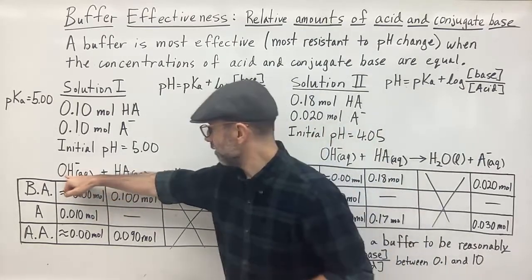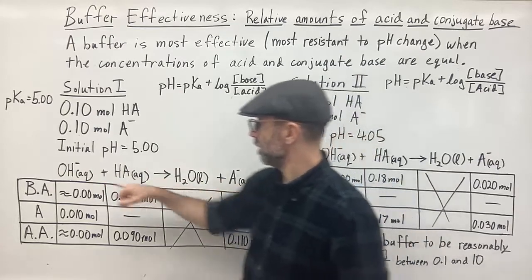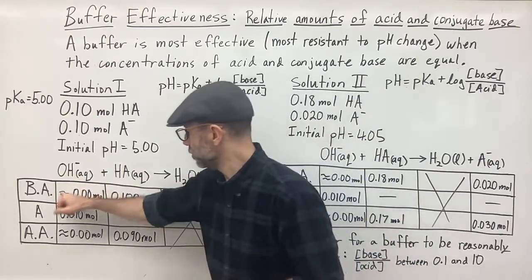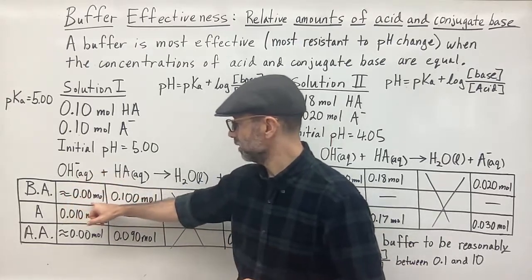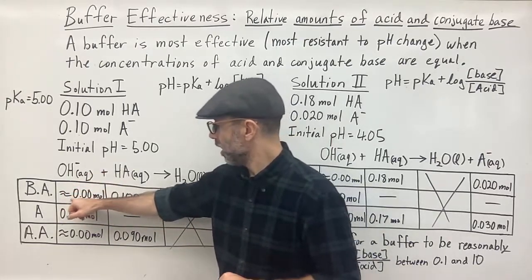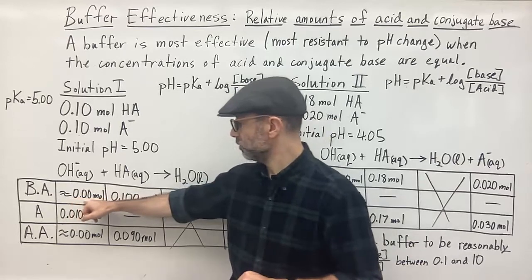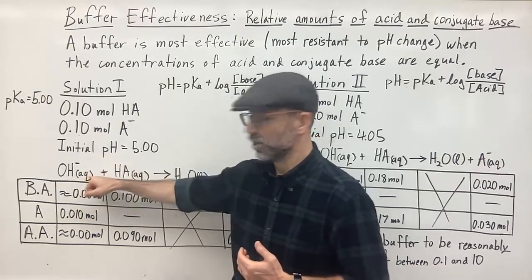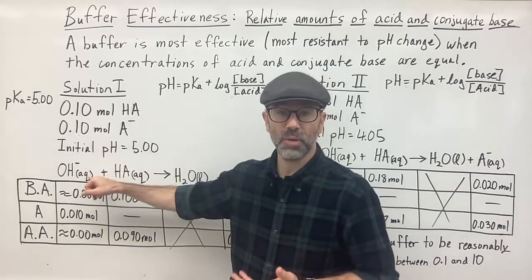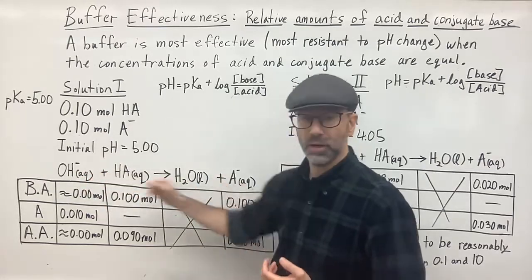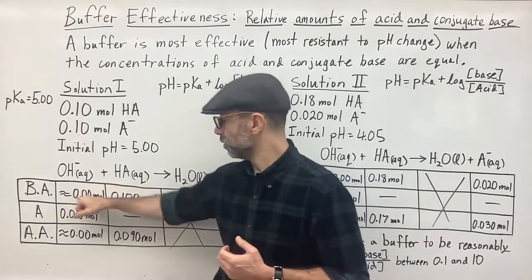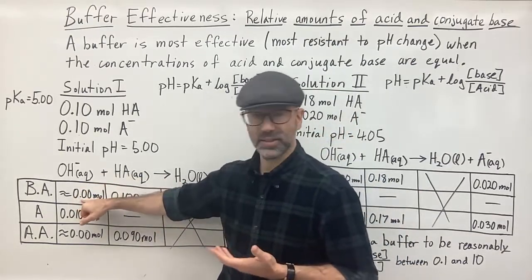Okay, so here I have my equation of the reaction of adding base to my buffer. Initially, before I add the base, we're assuming we have about 0 moles of OH minus. There's going to be some OH in there because it's a buffer, but it's effectively 0, so I think that's a safe assumption.